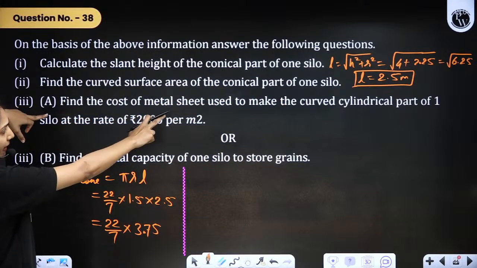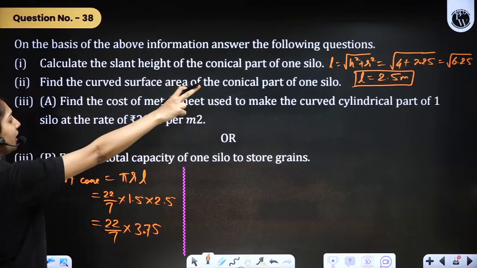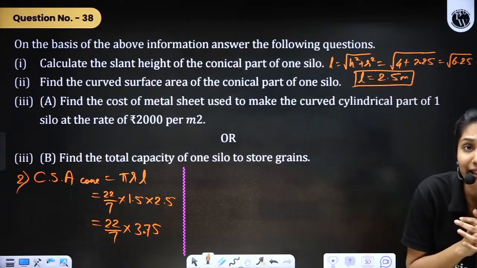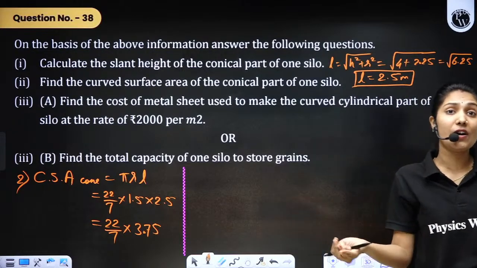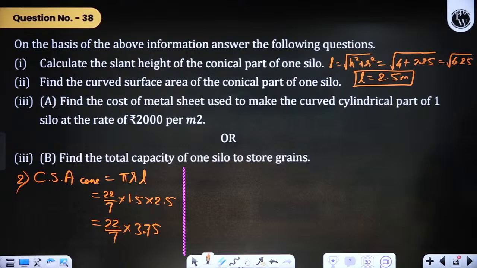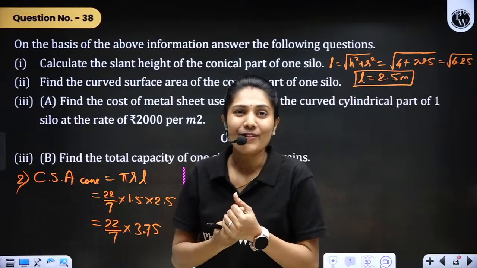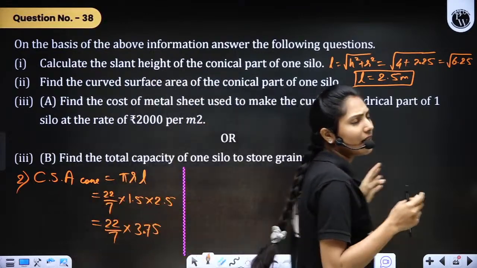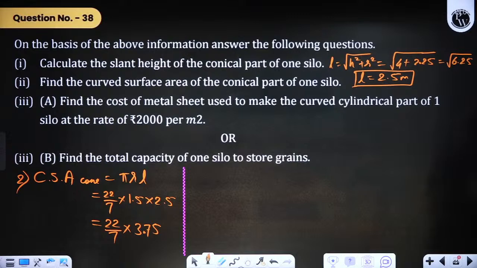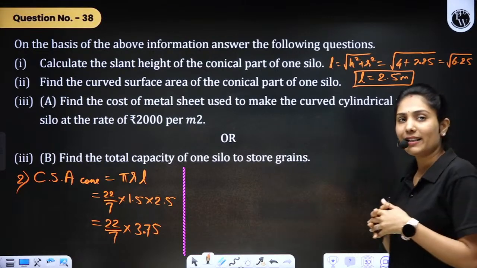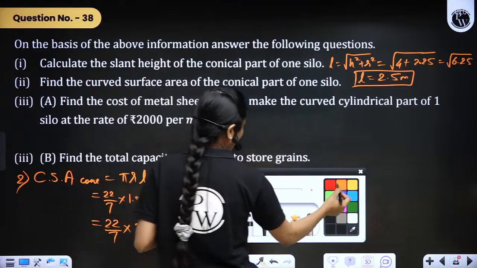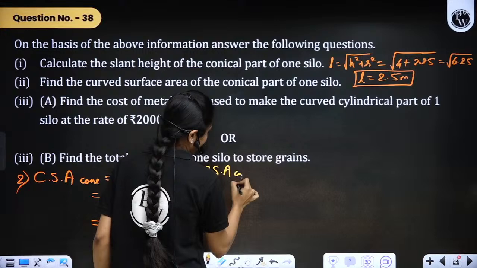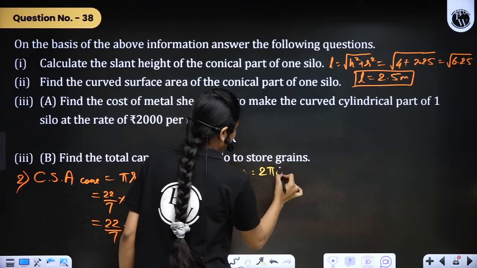Next, find the cost of metal sheet used to make the curved cylinder part of 1 silo at the rate of 2000 per meter square. So here also we need to find the curved surface area of the cylinder, right? Curved surface area of cylinder is 2 pi RH.